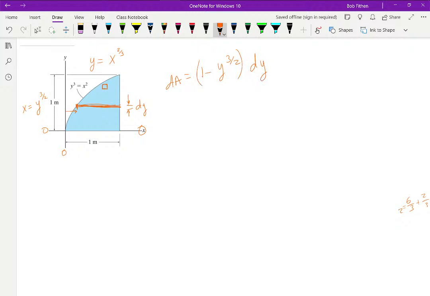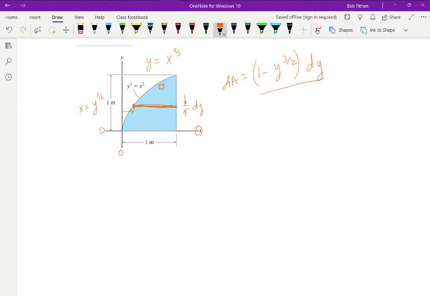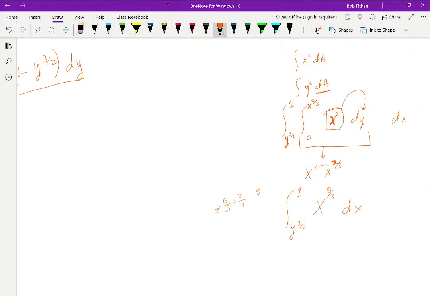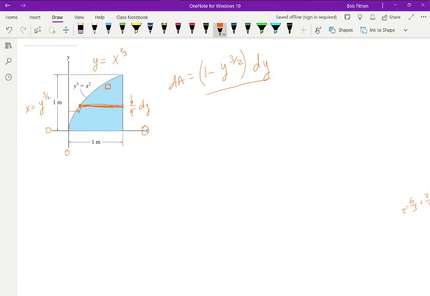Now, if you stare at that for a second, you realize, okay, I think I was doing dy. Well, no, I was not. I was doing dx. I'll go back and look at the dx in a second. Okay, so this is his d area.